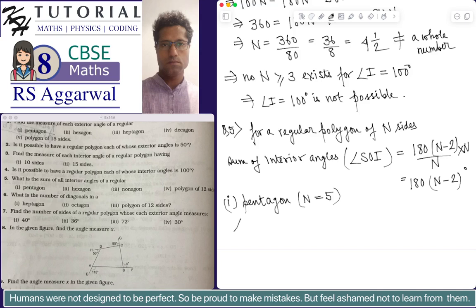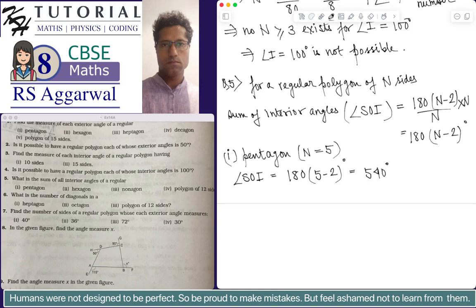So SOI for a pentagon, the sum of all the interior angles, will be equal to 180 multiplied by (5 minus 2) degree, which is equal to 540 degree. Okay.